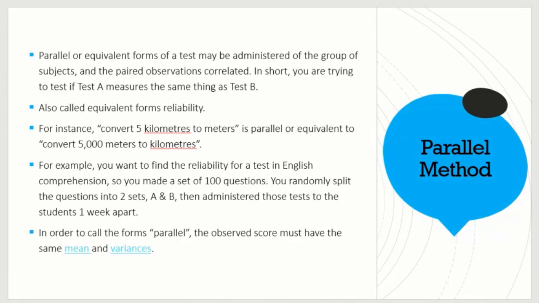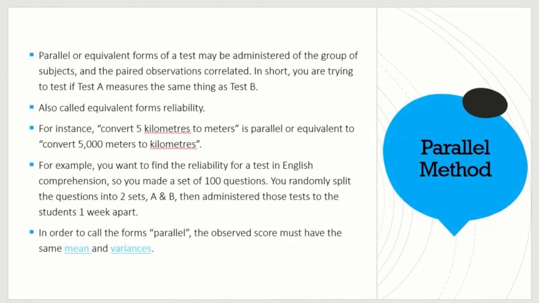Okay, so for example, again, you want to find the reliability of a test in English comprehension. So you made a set of 100 questions. You randomly split the questions into 2 sets, set A and set B. Then you administer those tests to the students 1 week apart. So for example, this week, set A will be administered to the students, and next week, set B will be administered.